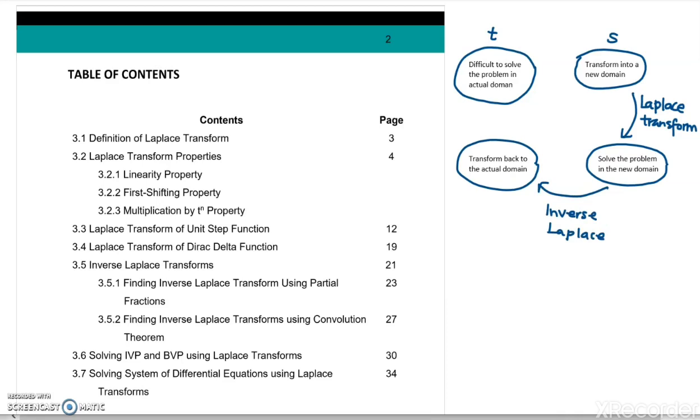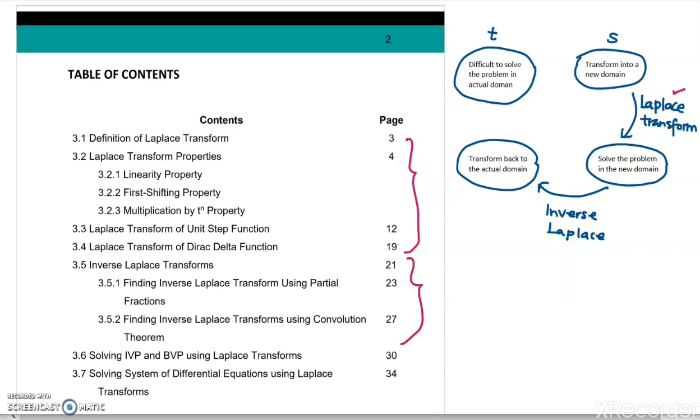So the first part of this chapter is the Laplace transform, from the first subtopic in the table of contents to here. The process of inversing the solution to get back to the actual domain is from here to here, the inverse Laplace.